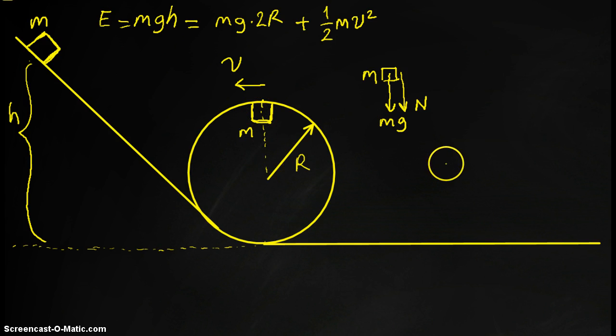Okay, so if we choose the y-axis increasing upward, then Newton's second law at this point in the radial direction, which is also the y direction, says the total forces in the y direction are equal to m times the acceleration of the object.